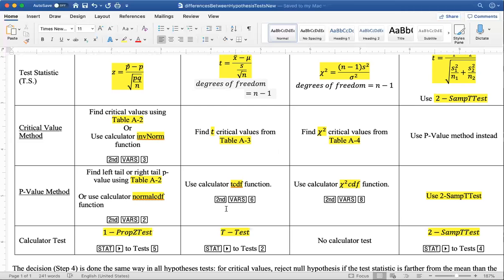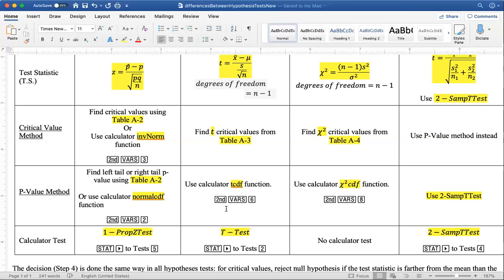And the p-value approach is slightly different in each of these tests. We can use table A2 to find p-values, or we can use the normal CDF function to find p-values for a test of proportion. We would get to the normal CDF function by doing second vars number 2.